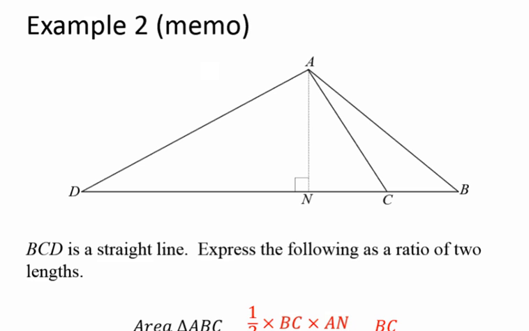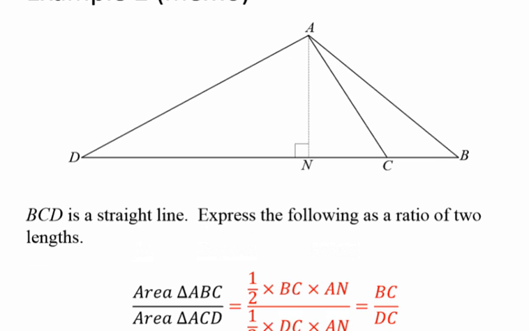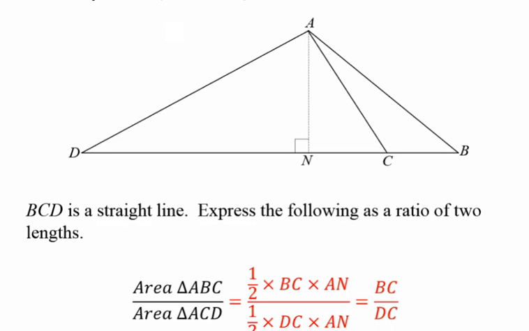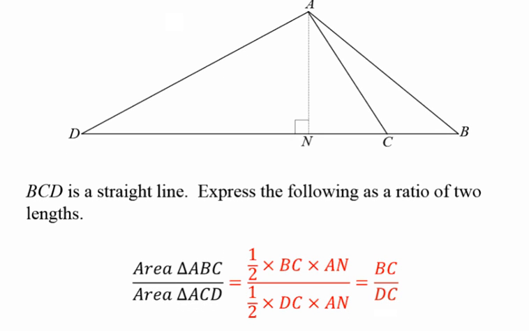So we're starting with triangle ABC and then looking at triangle ACD. So let's first have a look at the area of triangle ABC. Now remember the formula for the area is half times base. I'm taking BC as my base. Let me actually highlight that.